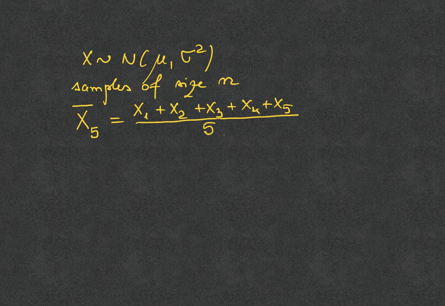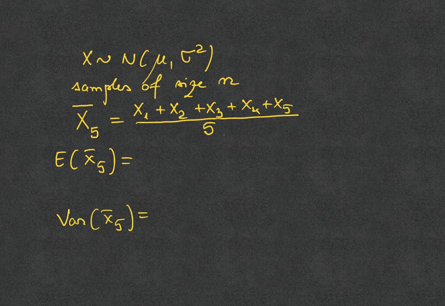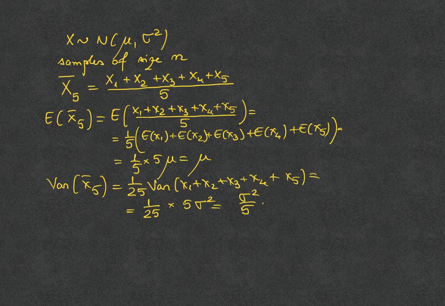That's exactly what we did in our Excel spreadsheet. That's how you form the sampling distribution of the means with samples of size 5. You can pause the movie and try yourself to find the expected value of x bar 5 and the variance of x bar 5 in terms of the mean and variance of the parent distribution. So pause the movie and try yourself.